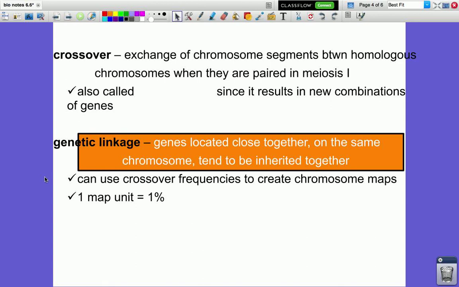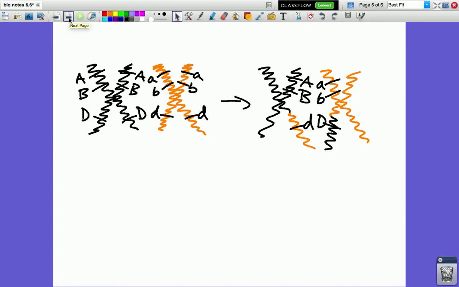If I look at those chromosomes again, on the left, always, dominant versions went with other dominant versions. Capital A, B, and D all went together all the time. And at the same time, the recessive versions on that orange chromosome always went together.